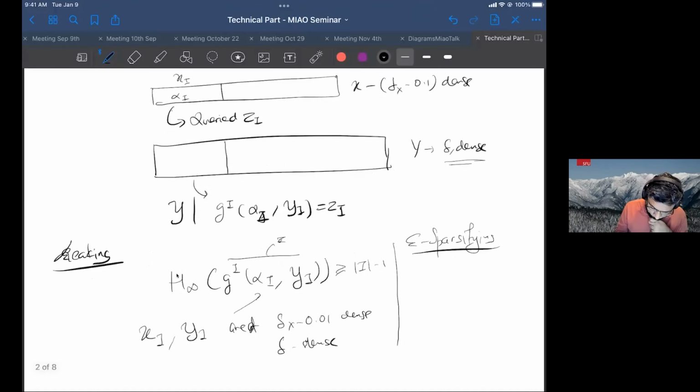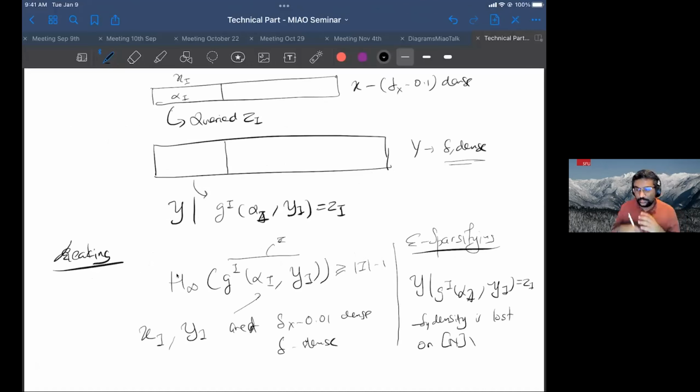Sparsifying means that by conditioning on alpha I yi being some particular zi, we have lost density, delta y density is lost on n minus I. So in the unqueried coordinates, we do not have density.